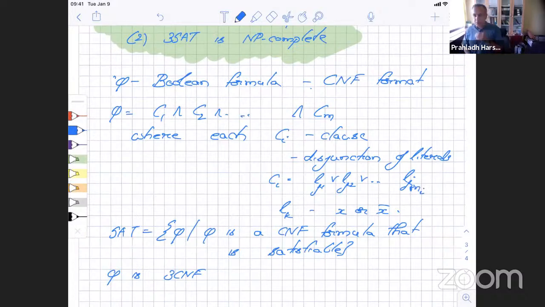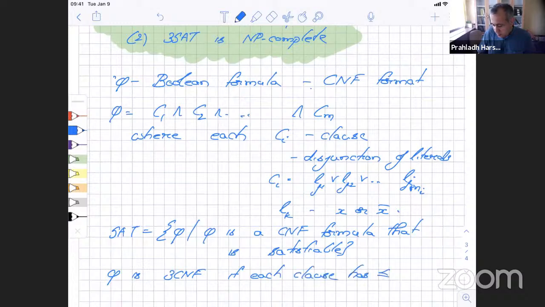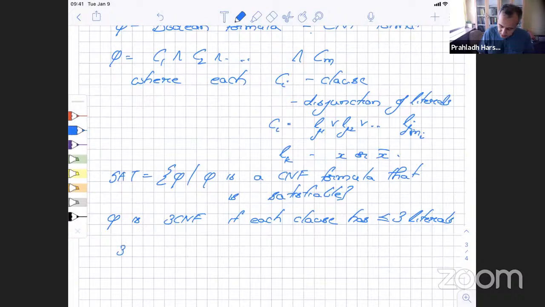Phi is 3CNF if each clause has at most 3 literals, that is, less than or equal to 3 literals. And 3-SAT is a subset of SAT obtained when you restrict to 3CNF form.